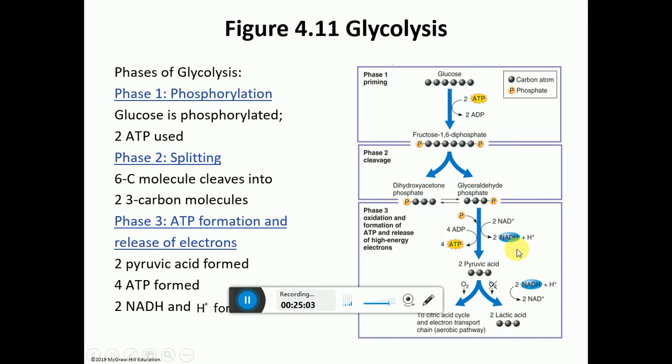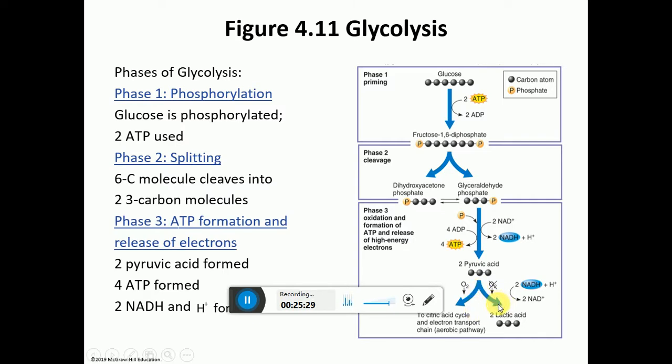These NADHs will go to the mitochondria into the electron transport chain, which is the third step, while the pyruvic acid has one out of two different options, depending on the presence or absence of oxygen. So if there is enough oxygen, pyruvic acid will enter the mitochondria and enter the second stage of events, which are the citric acid cycles.